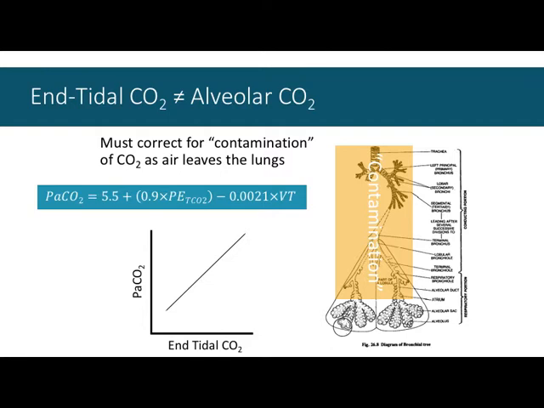That linear relationship is shown here. Y equals mx plus b. And it's not as clean as that. Actually, there are 3 terms, so maybe strike that. I'll edit that out of the video. But there are 3 terms, but it's an easy correction to get from end tidal to arterial CO2.